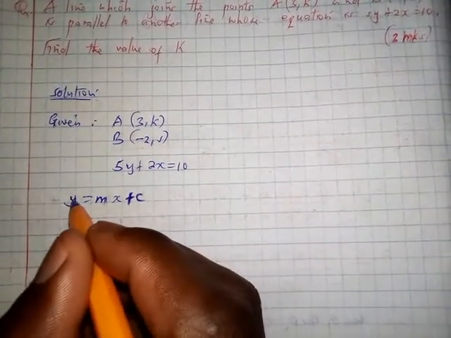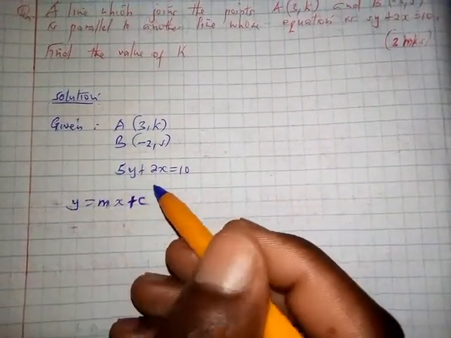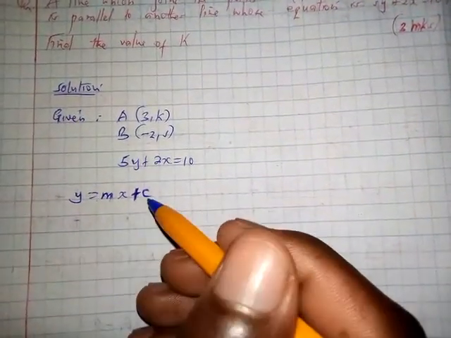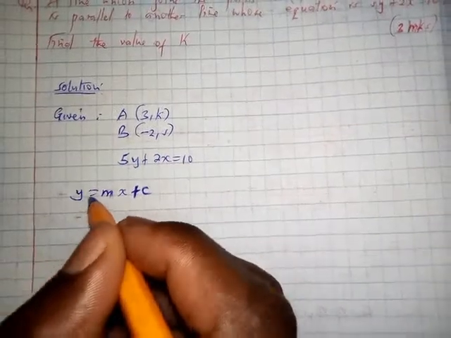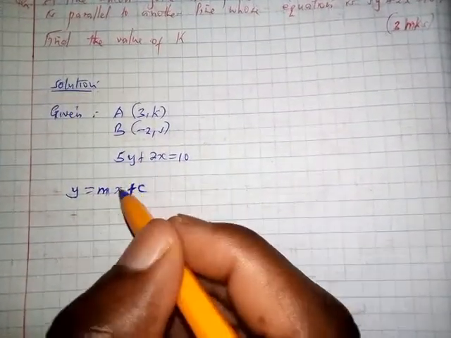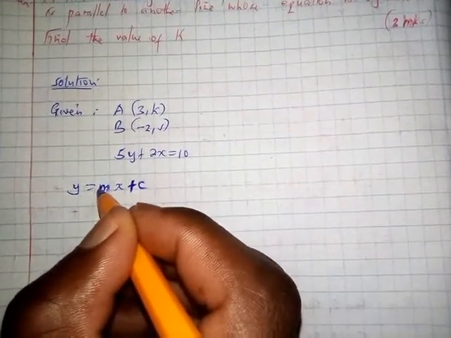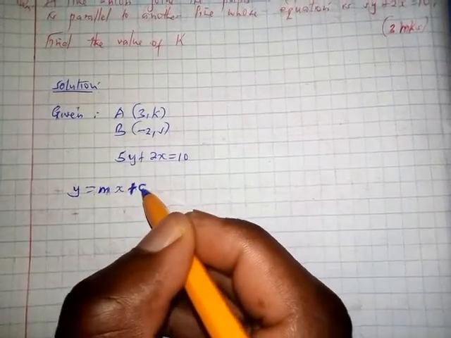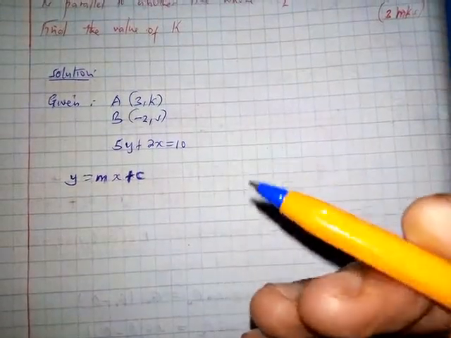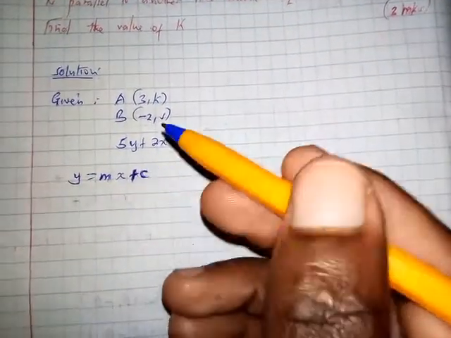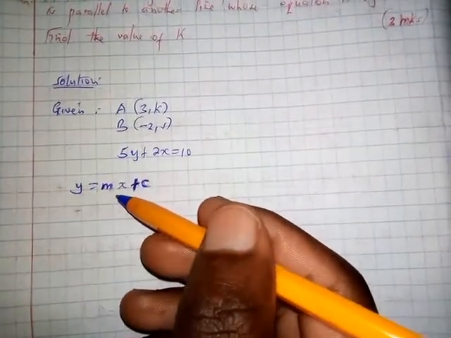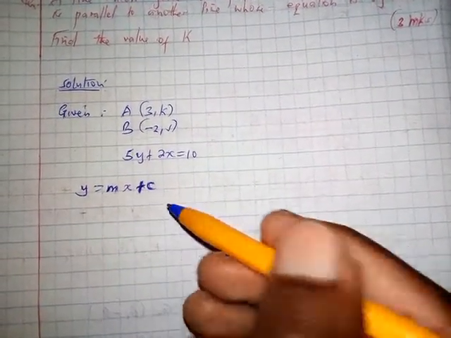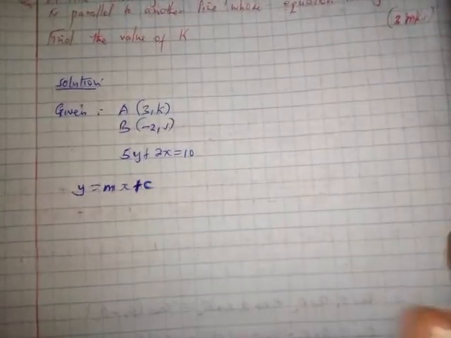Remember, in y is equals to mx plus c, y is just y, m is the gradient, and c is the y-intercept, or the value of y when x is equals to 0.